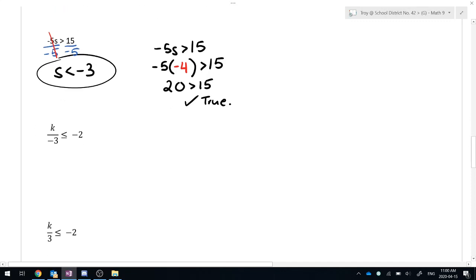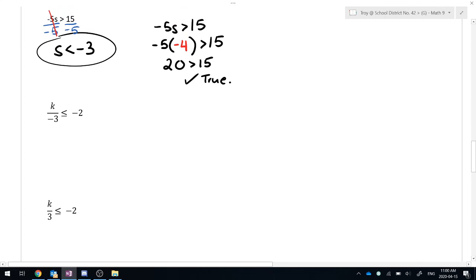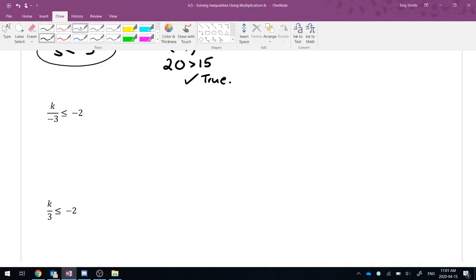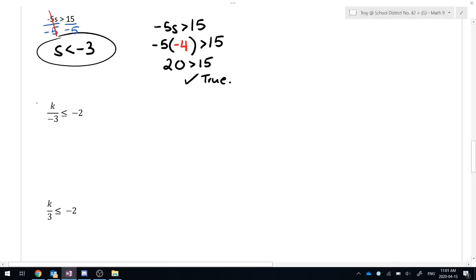Okay. 2 more. K divided by negative 3 is less than or equal to negative 2. Well, the number that's preventing k from being by itself is right there, the negative 3. And it's being divided, so of course our opposite operation here is going to be multiplication. So we're going to multiply by negative 3.